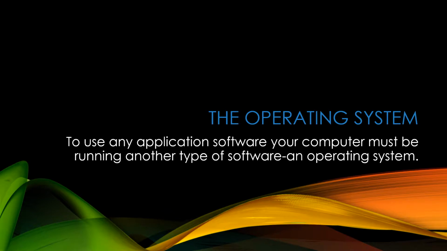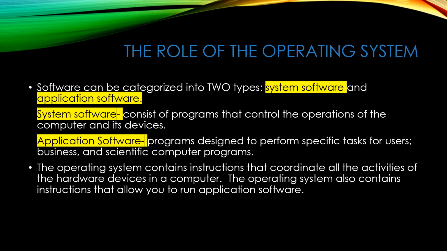The operating system. To use any application software, your computer must be running another type of software, an operating system. The role of the operating system. Software can be categorized into two types, system software and application software. System software consists of programs that control the operations of the computer and its devices.